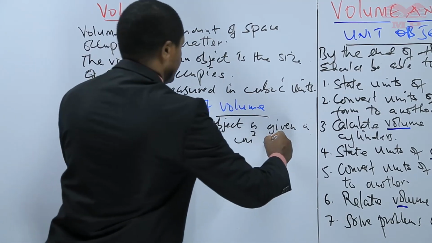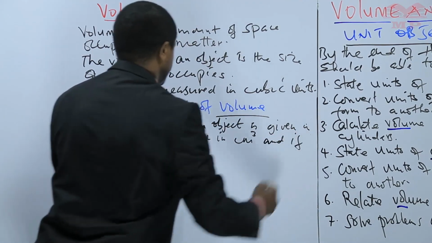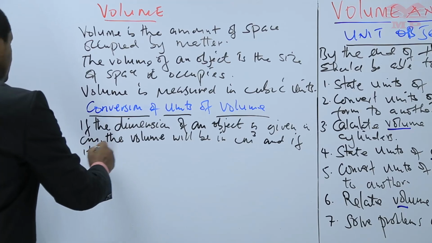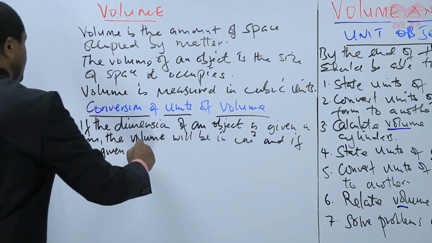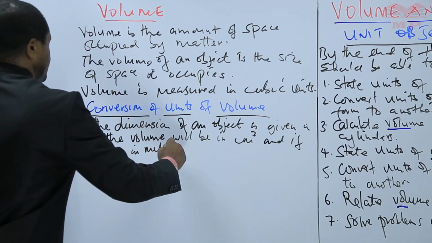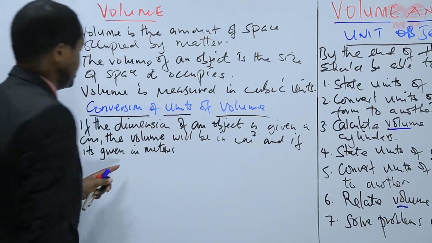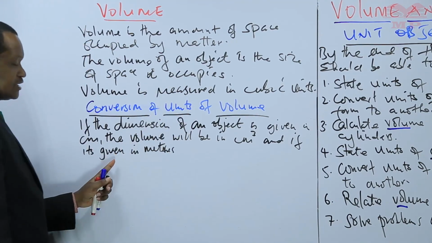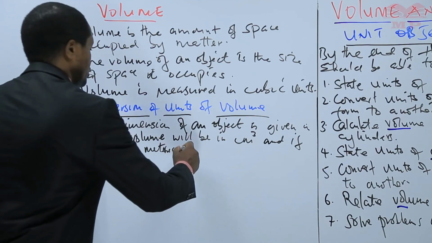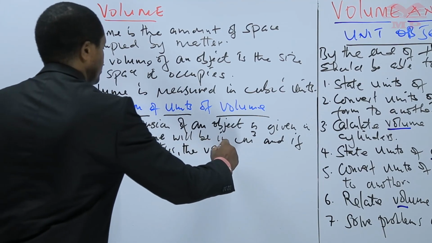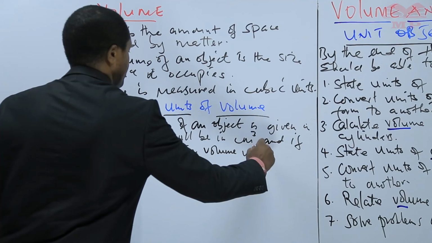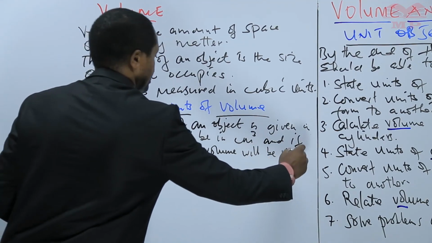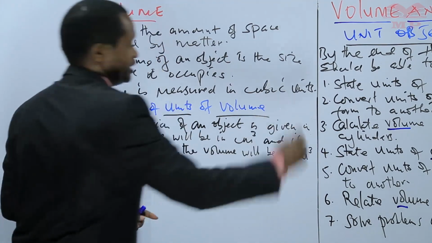And if the dimensions of an object are given in meters, then the volume will be in cubic meters.